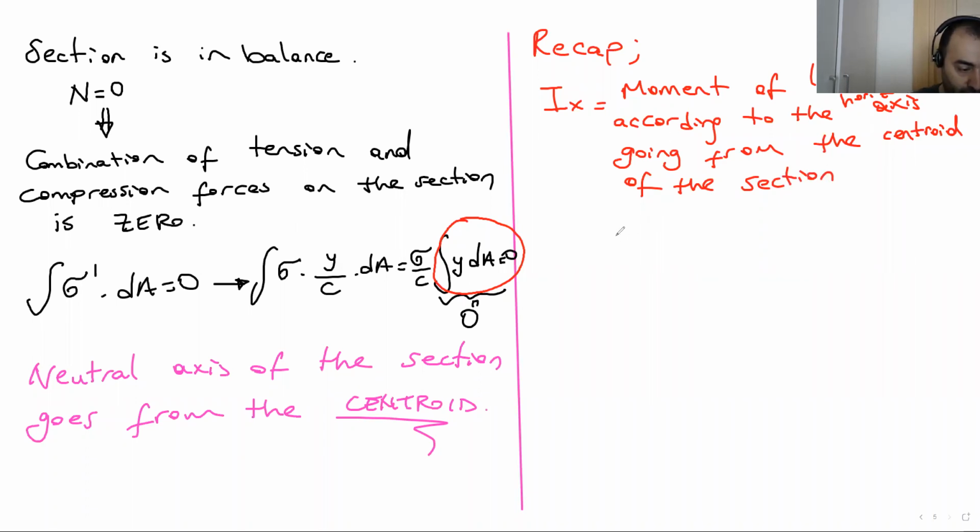So y is the distance from the neutral axis.